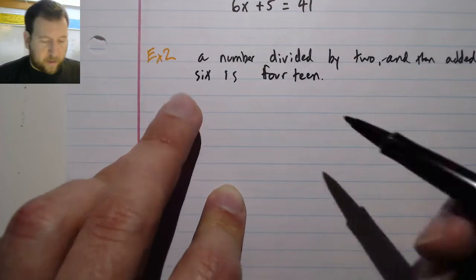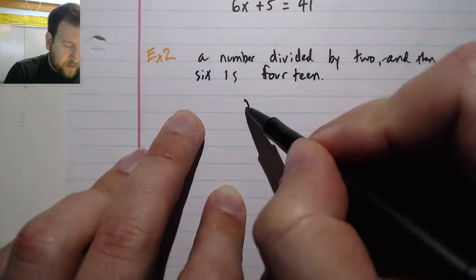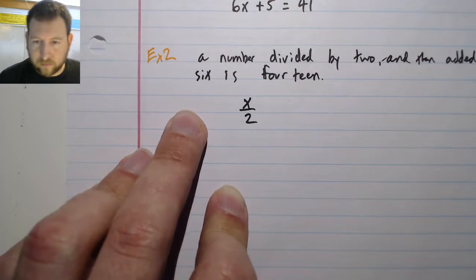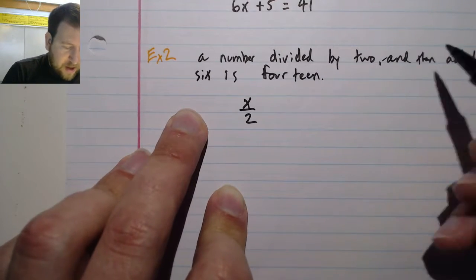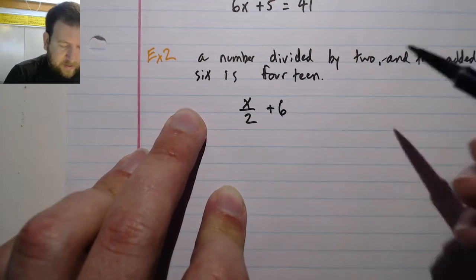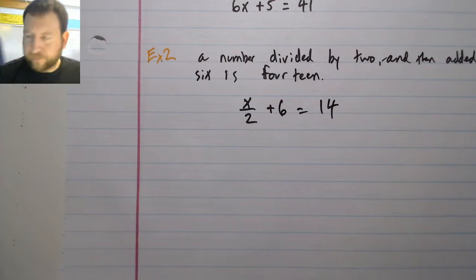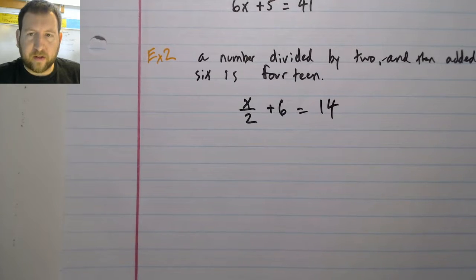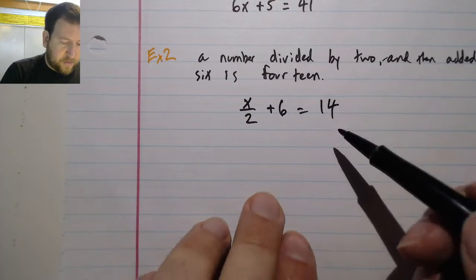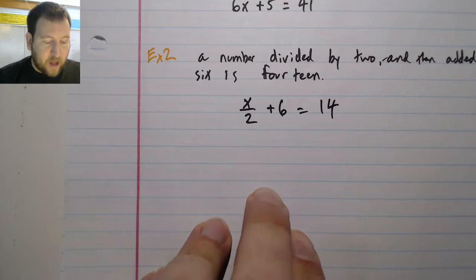Okay, in this case, I'm going to take a number divided by 2, x divided by 2, and then add it to 6, so we're going to add it to 6, is 14. And these are pretty easy to do, so that's why we're going to be able to do this pretty quickly. Go ahead and go on.